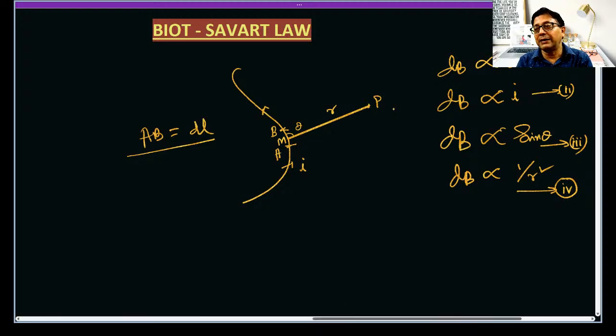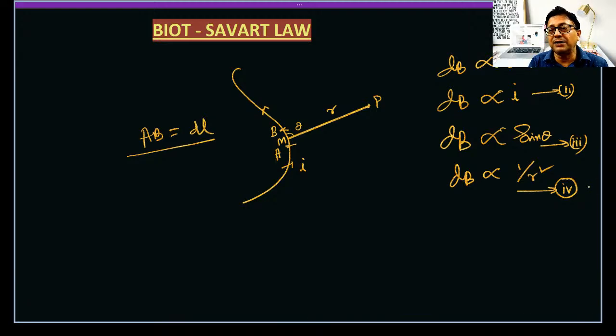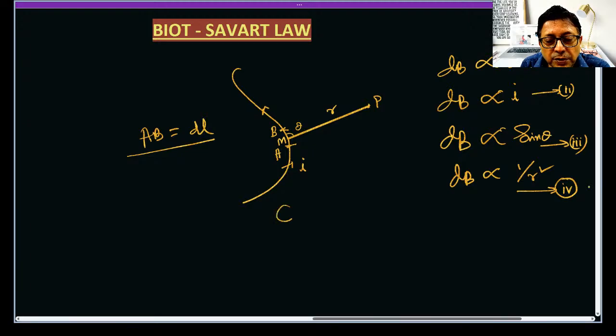If current is more, the magnetic field strength will be more. This is a continuation of the previous class where I showed you the strength of the magnetic field due to a current carrying wire. This dB is proportional to the sine of the angle between two directions, and dB is proportional to 1 by r square. Let us combine these 1, 2, 3 and 4.